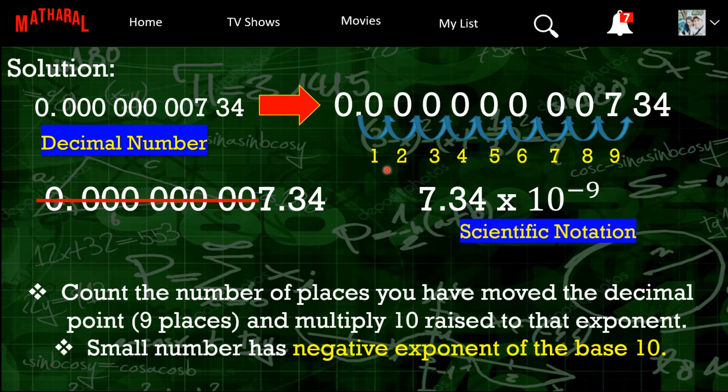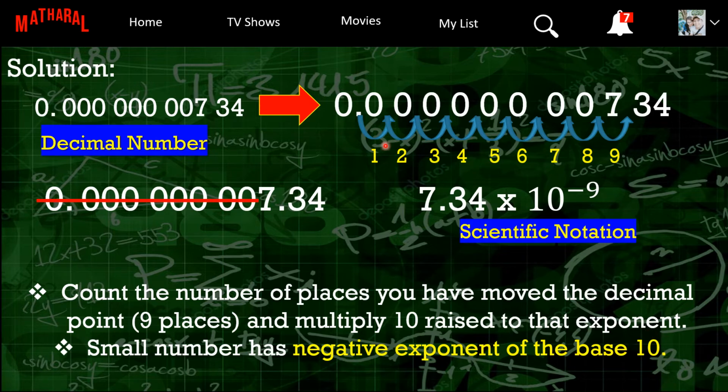So, we have some numbers that you can see there. Before we proceed with this, let's have this one. We have to count the number of places we move the decimal point, which is written here as 9 places, and multiply by 10 raised to that exponent.